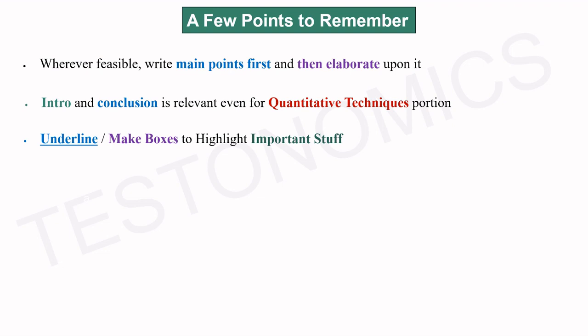It's not necessary that you have to underline as you write. For example, let's say you're writing a sentence and you feel that this is an important point. It's not necessary that you underline it immediately. I personally prefer to write the entire answer first. Once you have written the entire answer, then decide what all things you want to highlight.